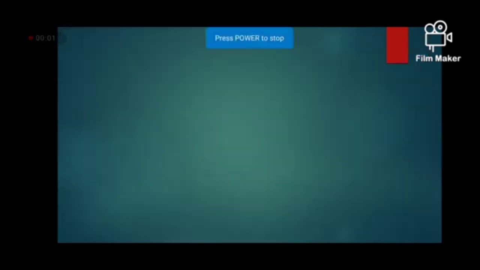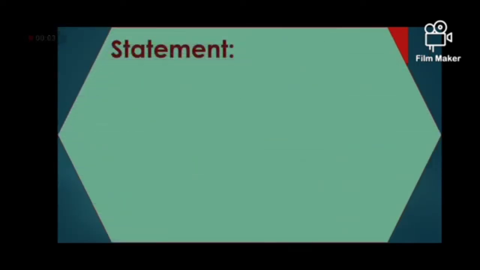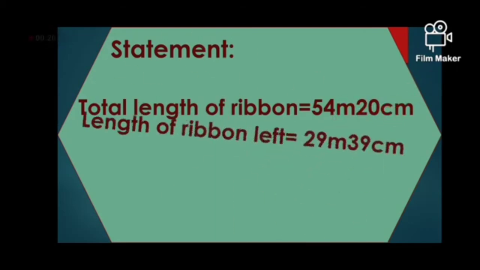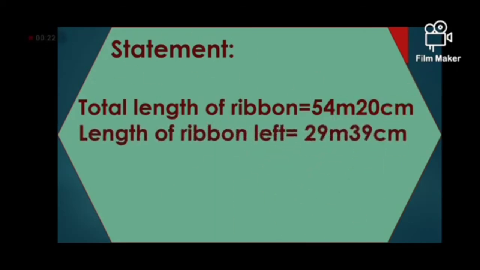You all know when we solve the word problem, first we write the statements. Statement number 1 is the total length of the ribbon is 54 meter and 20 centimeter. The ribbon left over is 29 meter and 39 centimeter.